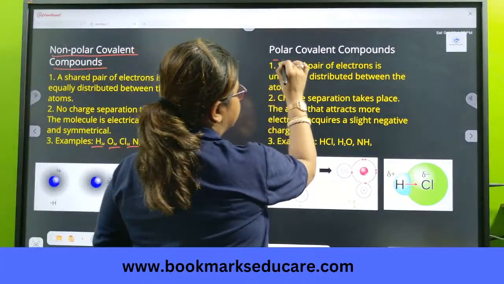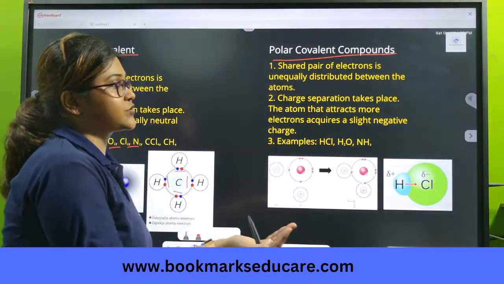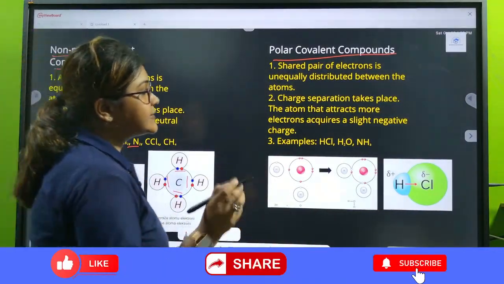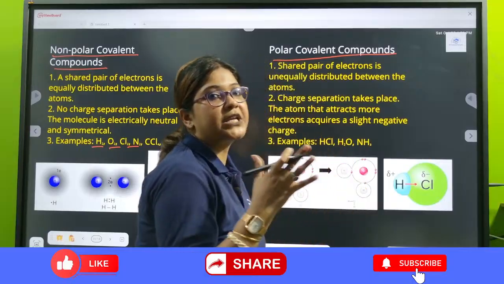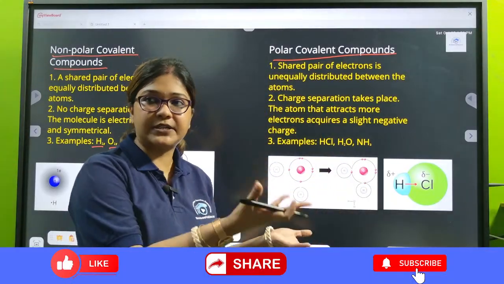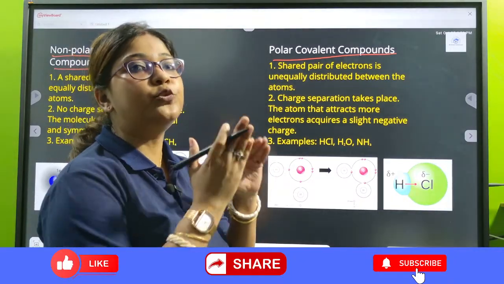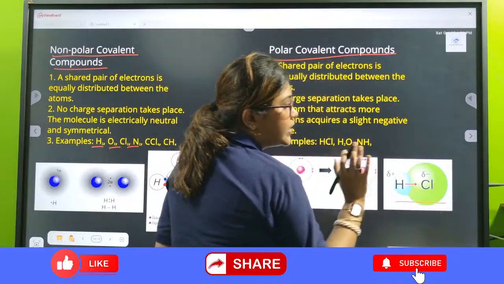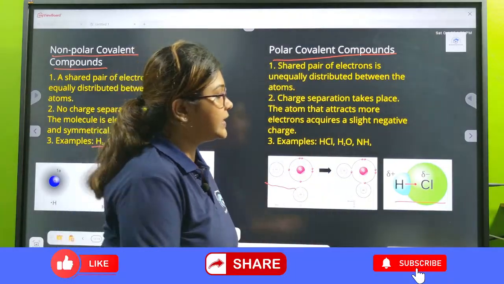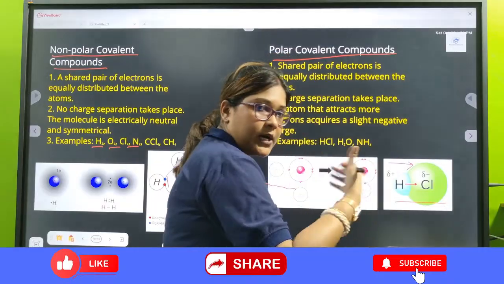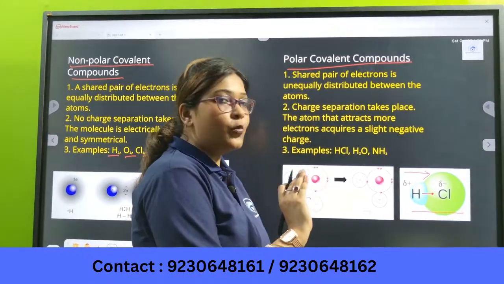But in polar covalent compounds, what happens? The shared pair of electrons is unequally distributed between the atoms. As the electron pairs are unequally distributed, a charge separation takes place. That is, the atom which attracts more electron density towards itself has a slight negative charge compared to the other atom. In HCl, the chlorine atom, because it has higher electron affinity and electronegativity than hydrogen, will have a tendency to attract the electron pair towards itself.